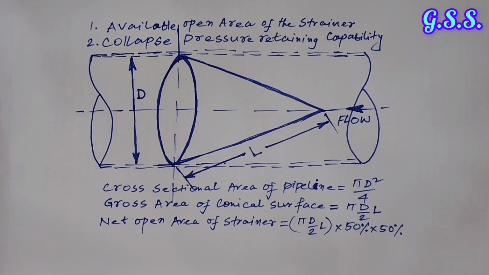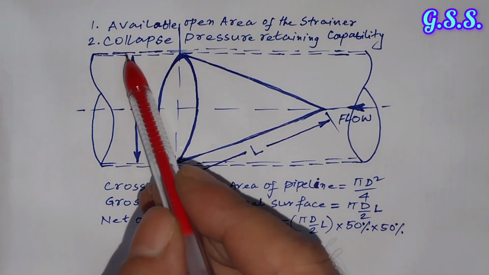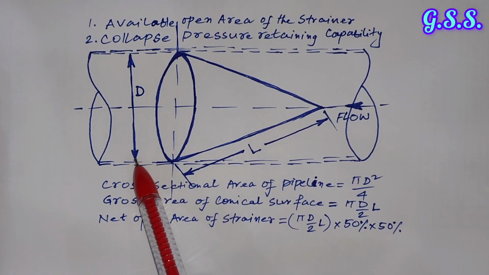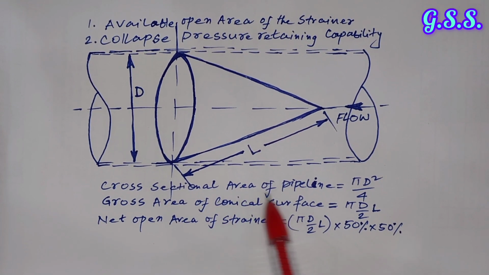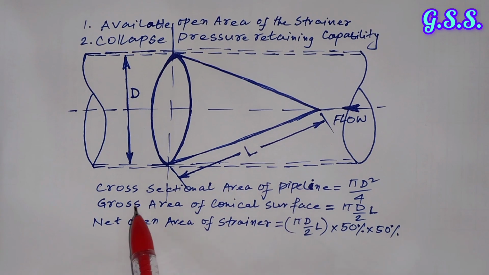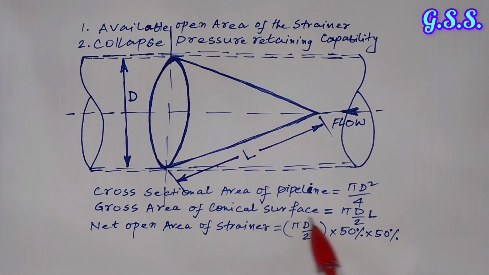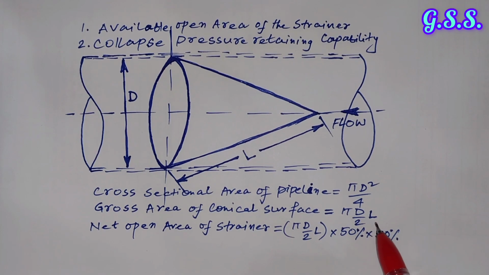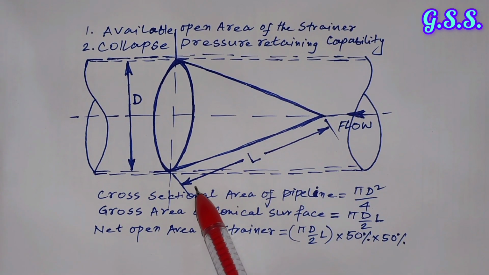This side is the cooling tower and this side is the pump suction. This is the pipe diameter. So, the cross-sectional area of the pipeline is pi d square by 4, and the gross area of this cone or conical strainer is pi r L, where L is the slant length of the strainer.